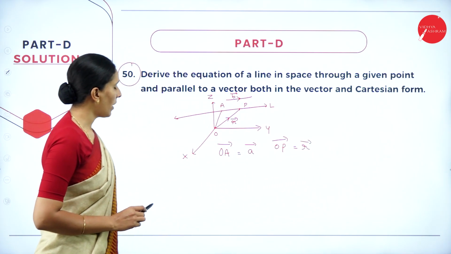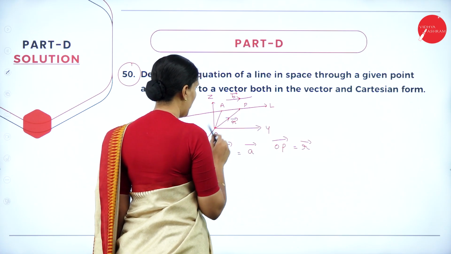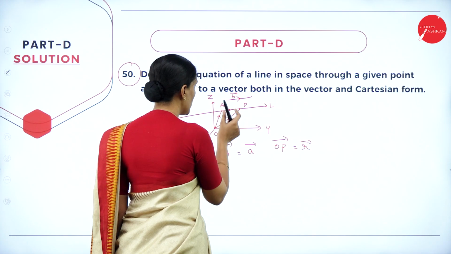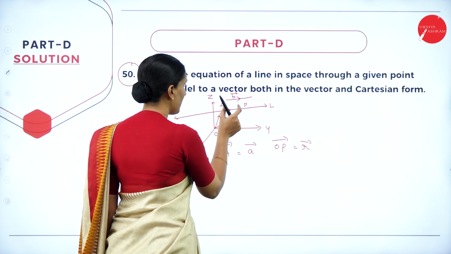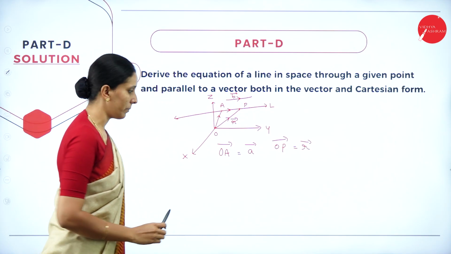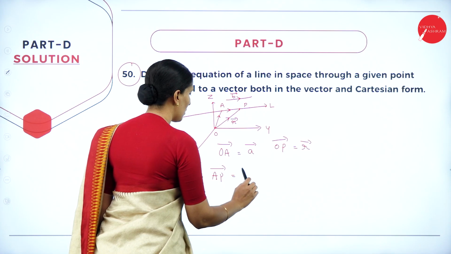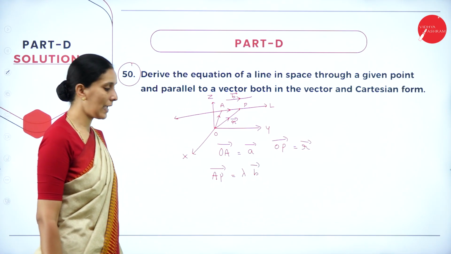So now from the figure here, since the line is parallel to vector B, vector AP, so this point lies on the line. So if we take this line segment AP in the vector form, AP is also parallel to vector B. So from the figure we can write vector AP is equal to some lambda into vector B, where lambda is any scalar.